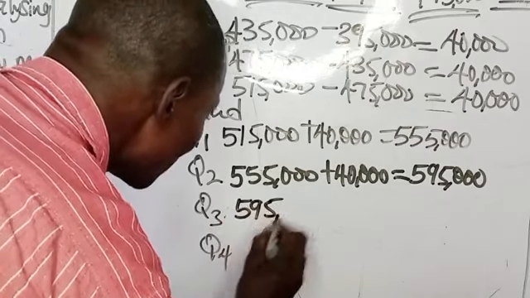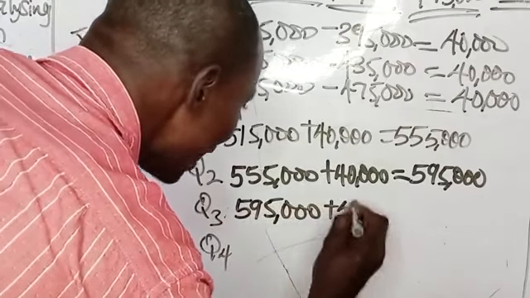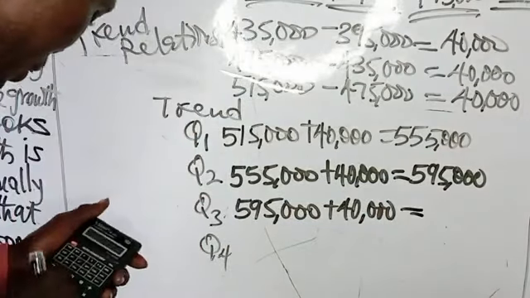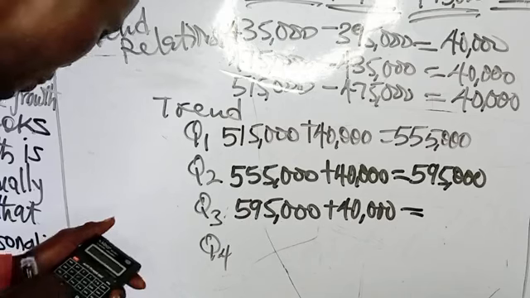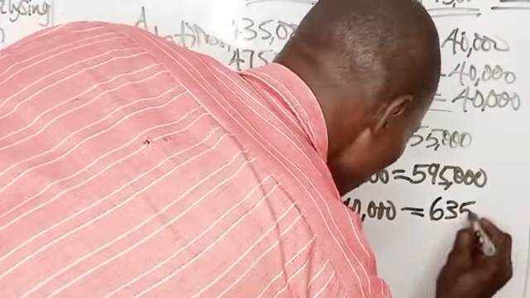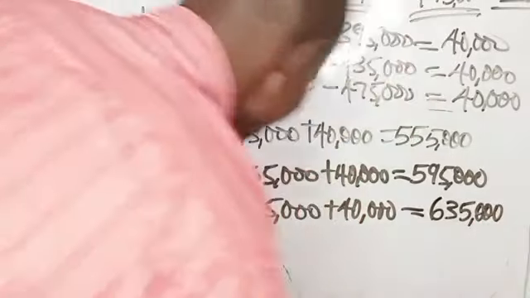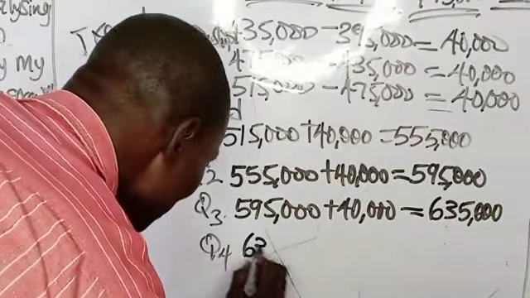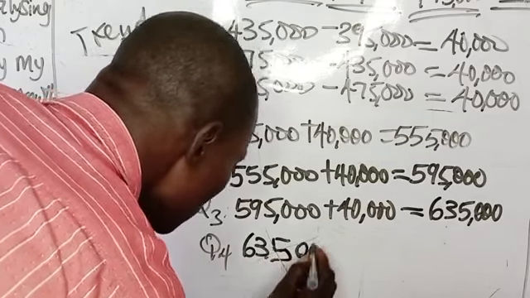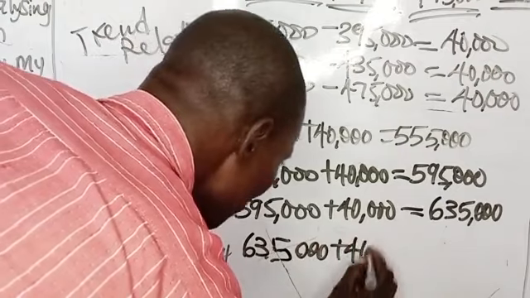595,000 plus 40,000. That gives us 635,000. Then 635,000 plus 40,000.